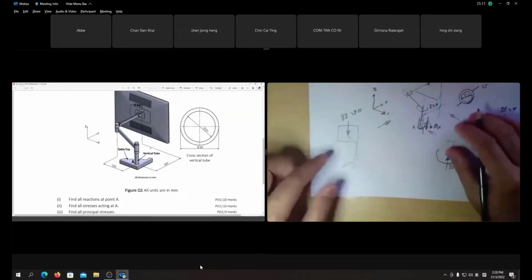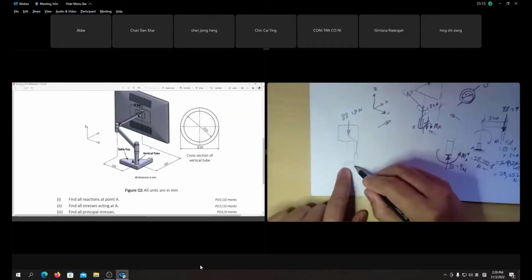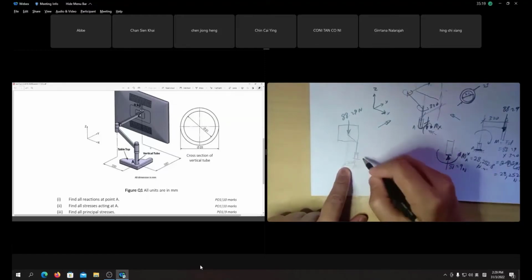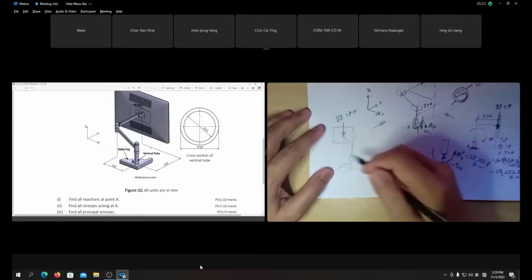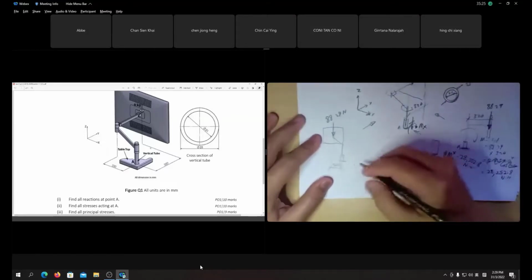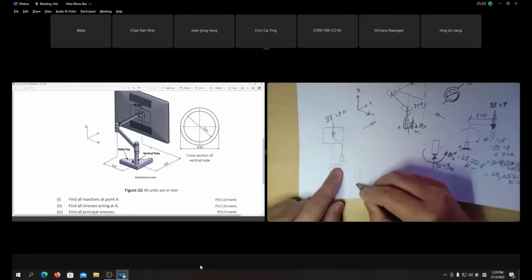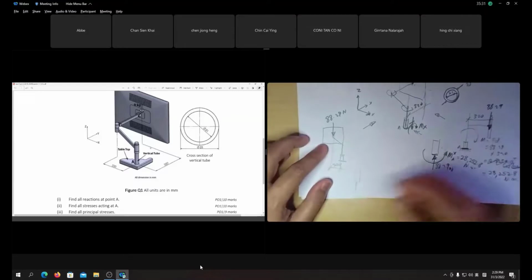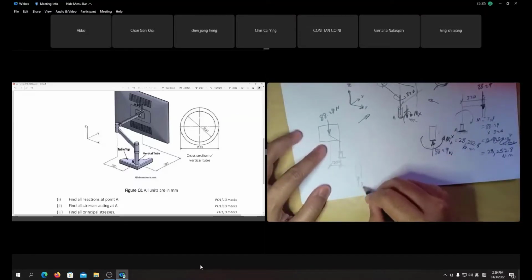220. Okay, if you look from the left view, we have 88.29 downward times a distance of 220. Can you see? This is section A, looking from the left view. If this is my free body diagram, the reaction at A should be upward like this, 88.29. You already did that on the XY plane, I just do it again here.